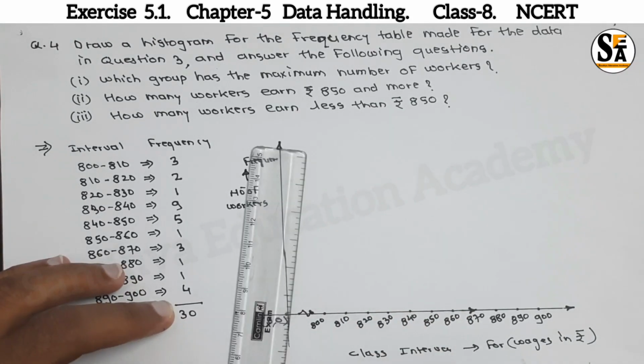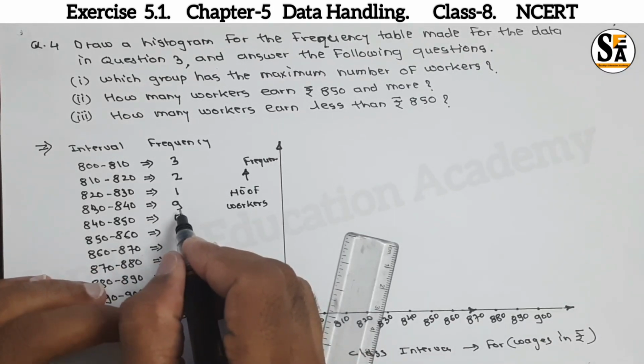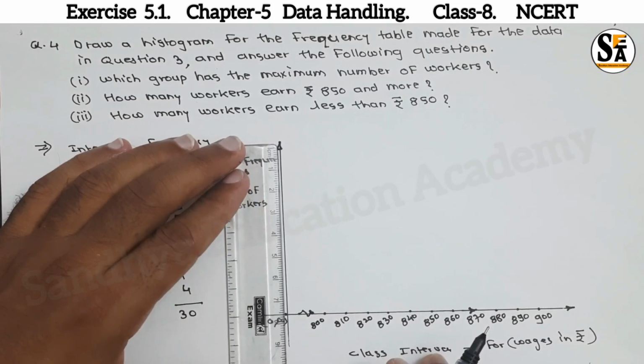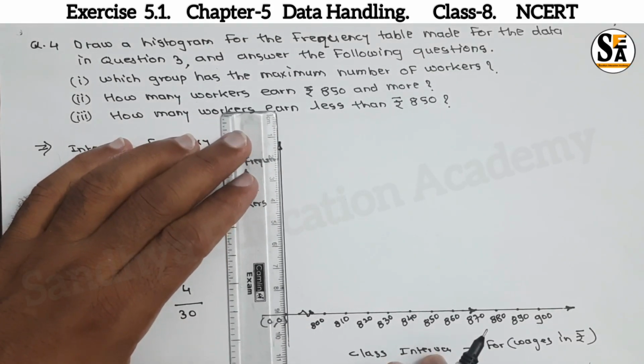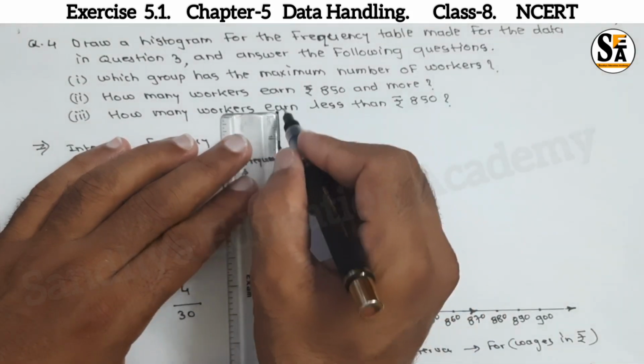And again make a scale. Here the frequency maximum is 9, minimum is 1. So this should be in proportion again. So let's extend some line here for our maximum, because we are getting maximum 9.